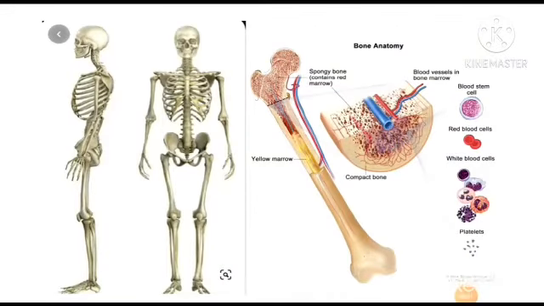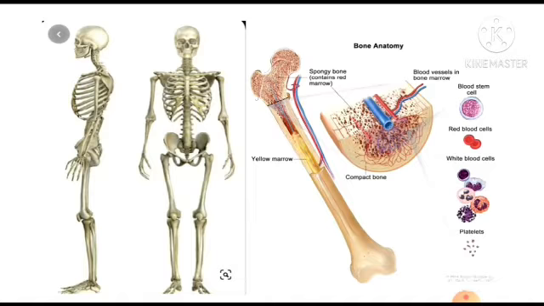Our bones also give protection to internal organs. For example, our brain is a soft part, so it is protected by the skull.